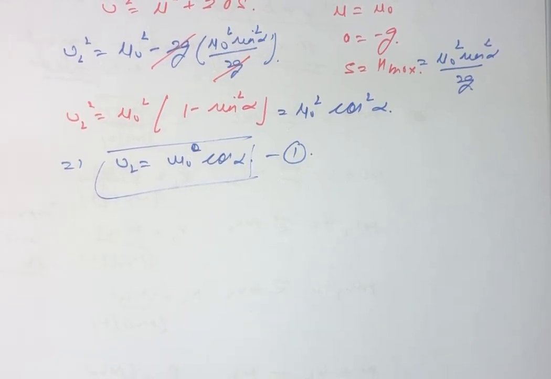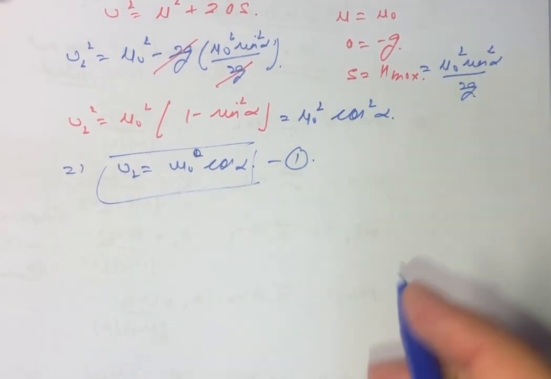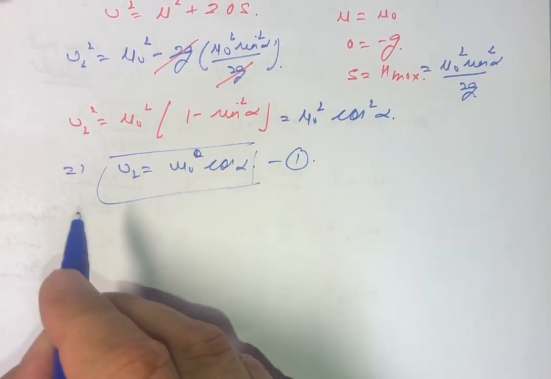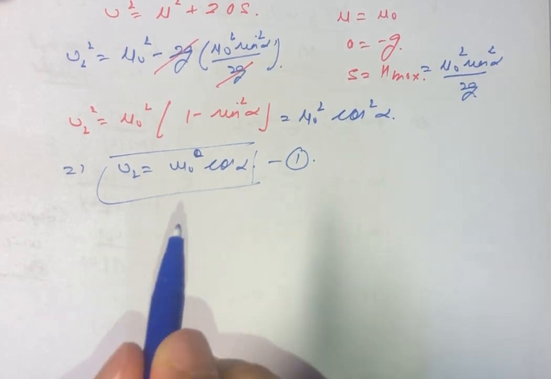And we also know that at the highest point of the projectile, the entire velocity of the projectile is horizontal.